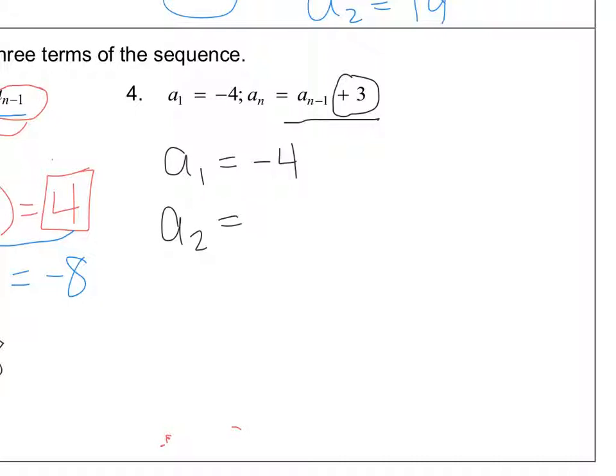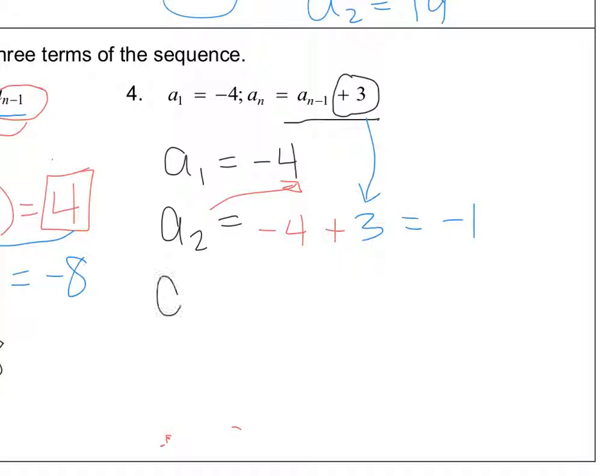So I take the term before, negative 4, plus, and then from here, plus 3. So negative 4 plus 3 equals negative 1. So my second term, a sub 2, equals negative 1.